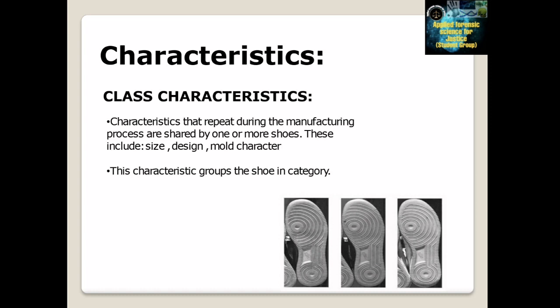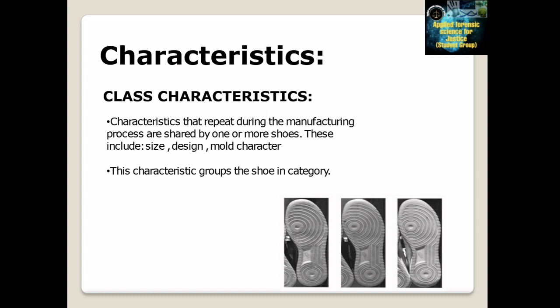Now comes characteristics. There are basically two types of characteristics, class characteristics and individual characteristics. As the name suggests, class characteristics are the characteristics of a whole variety. They repeat during the manufacturing process and are shared by one or more shoes.